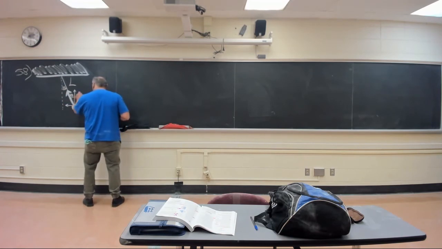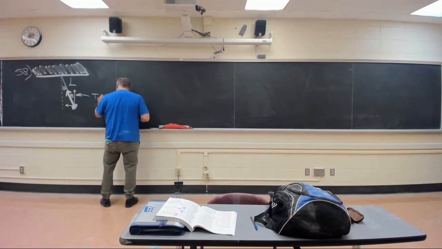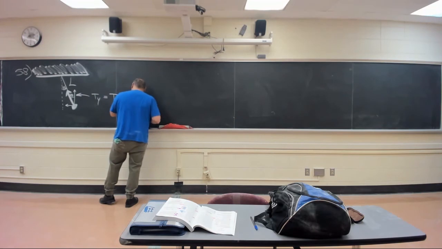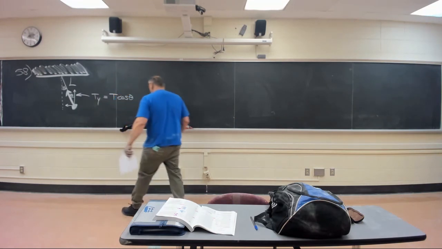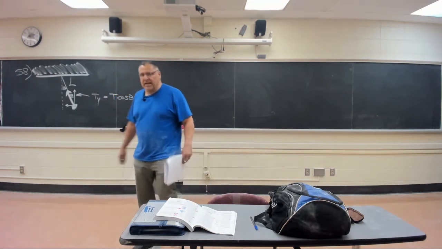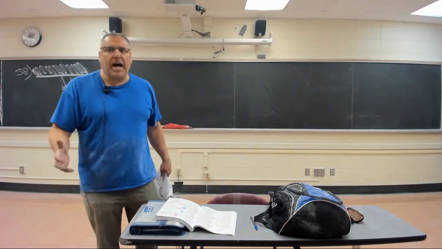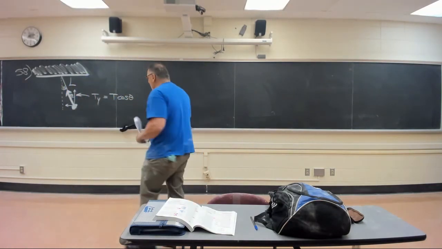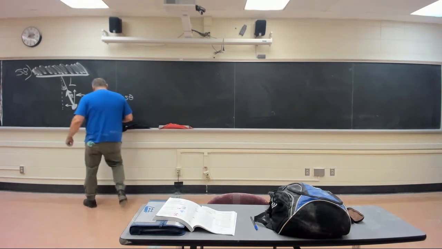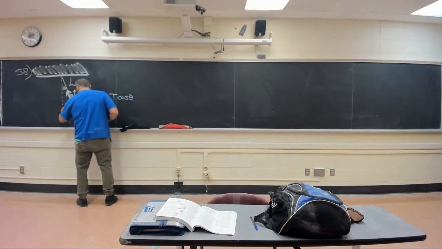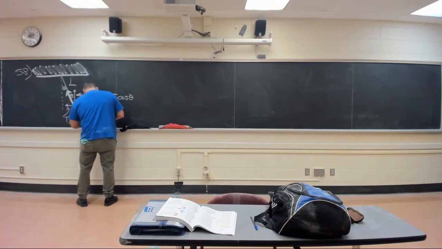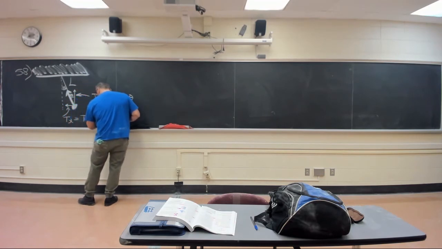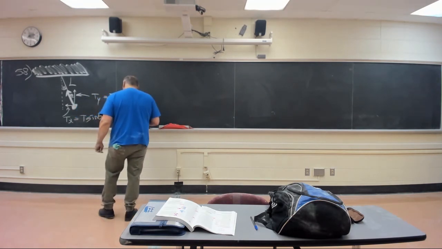This right here is Ty equals T cosine theta. It's not the way we're used to associating cosine. We associate cosine oftentimes with horizontal and sine with vertical, but you don't have to. Components are components. And this right here is Tx, T sine theta.